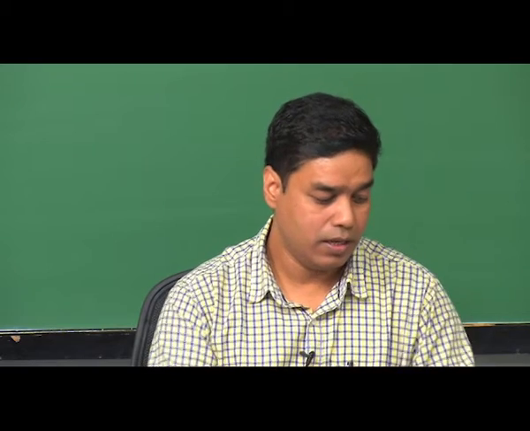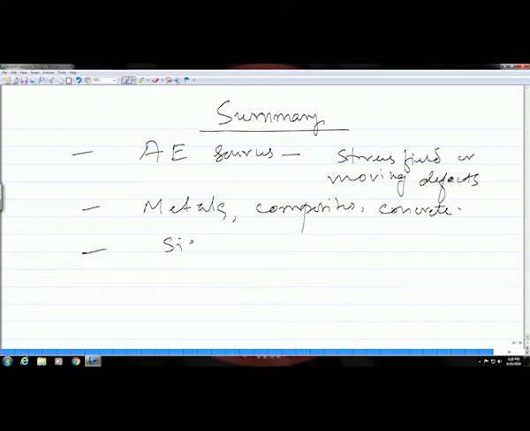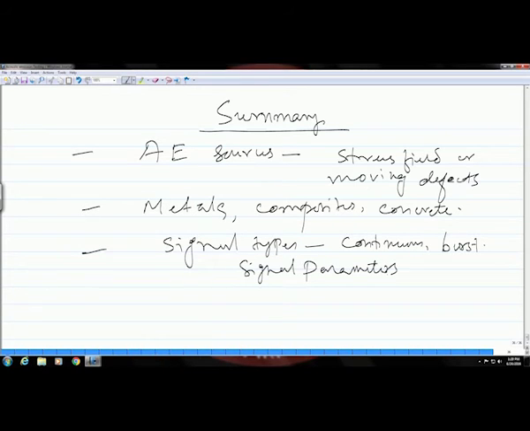Then we talked about signal types, in which case we saw there are two types, one is continuous and another is burst type, and then we saw the signal parameters and also learned about how these parameters are used for doing acoustic emission testing.